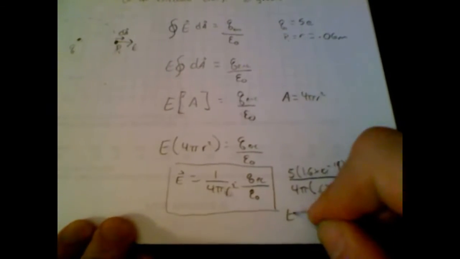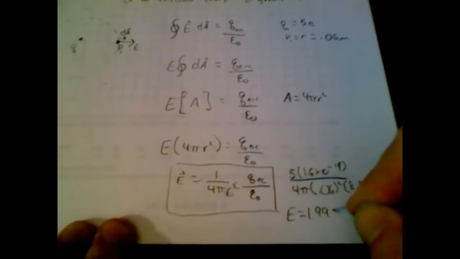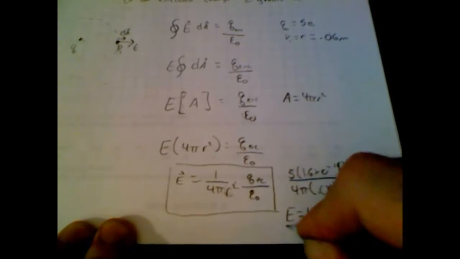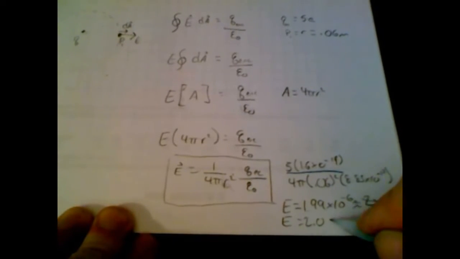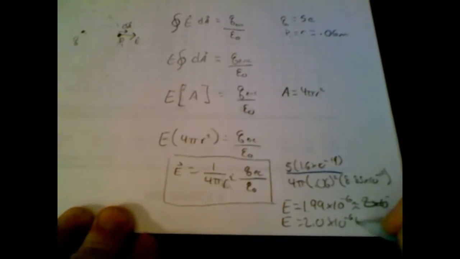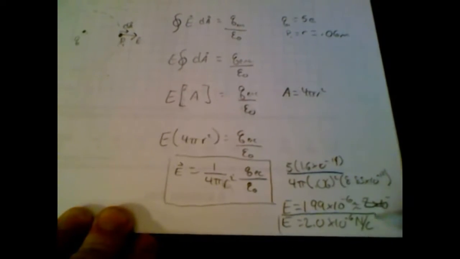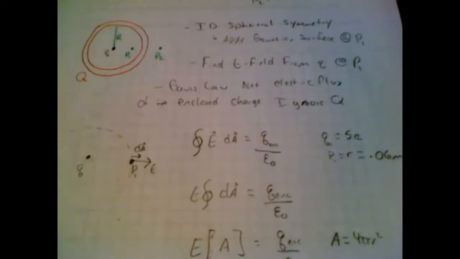I'm going to edit this part out, and we'd get an electric field of 1.99 times 10 to the negative 6th, so an electric field equal to 2.0 times 10 to the negative 6 newtons per coulomb. That is the electric field at point P1 inside of that shell.